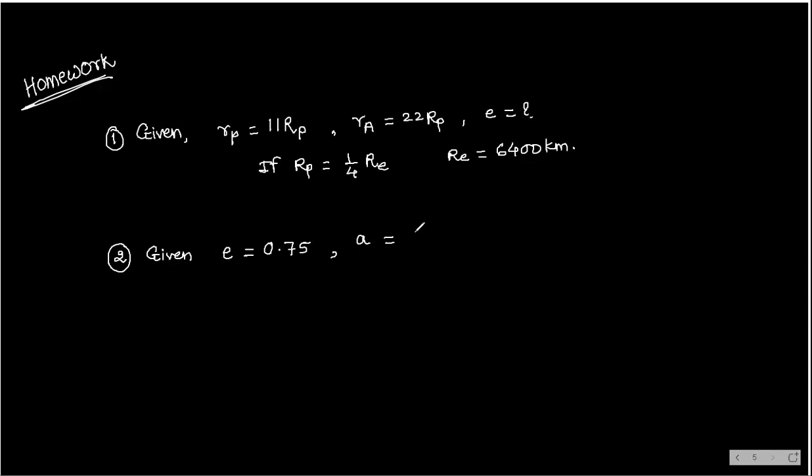A is 3,200 kilometer. Then what is the RA is equal to question mark, RP is equal to question mark, and this is A bit. Okay, in this A, this is B, and this is C. RA is to RP is equal to how much? Understand? Questions you understood?